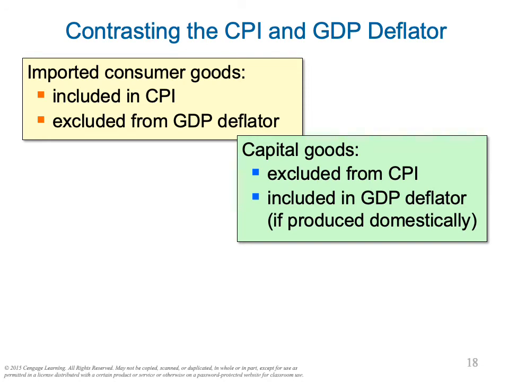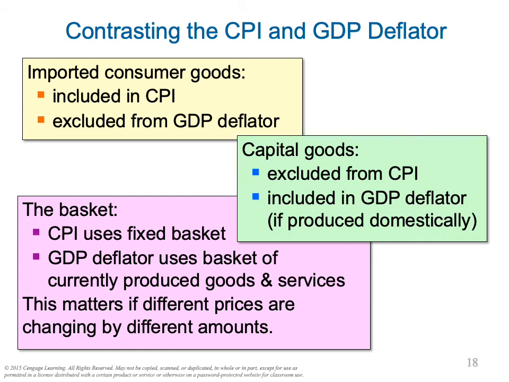As far as capital goods go, these are goods like machines and buildings. Those would not be included in the consumer price index because consumers don't buy things that businesses buy, like machines and warehouses and buildings and things of that nature. But capital goods are obviously included in GDP as long as they're produced domestically. That's an important note.